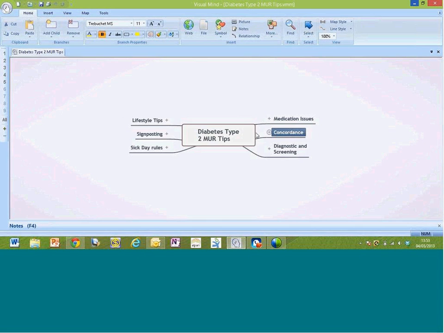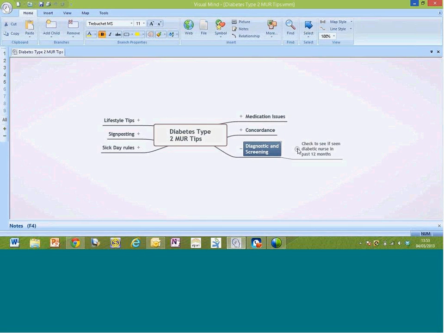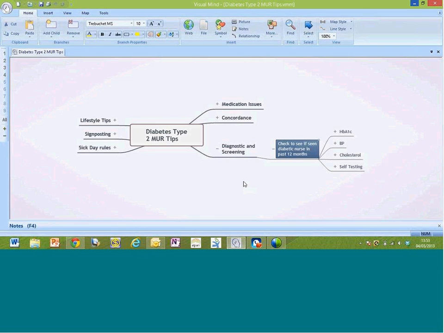Now, let's go on to diabetic screening. The first thing you need to bear in mind is to make sure that they've seen a diabetic nurse in the past 12 months. They need regular reviews, obviously, because of their condition. If they haven't been seen in the past 12 months, then you need to make sure they have an appointment. Now, HbA1c is quite an important one.